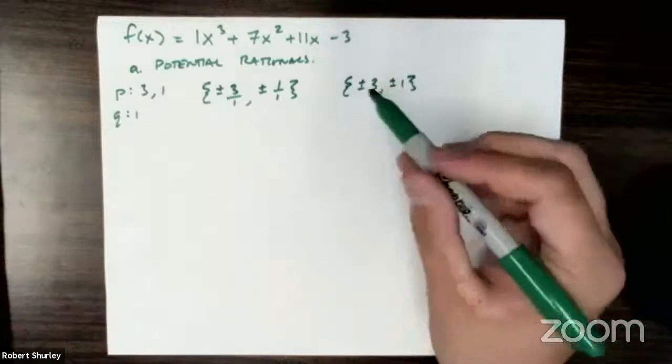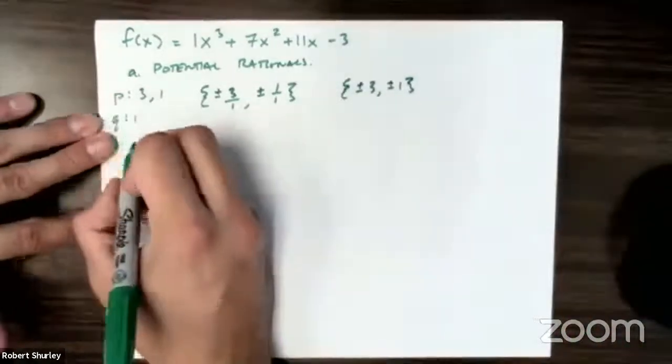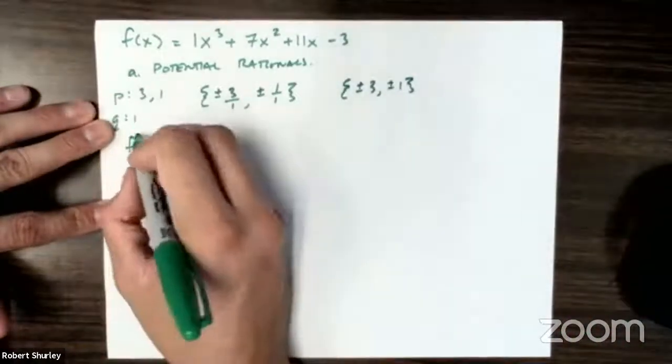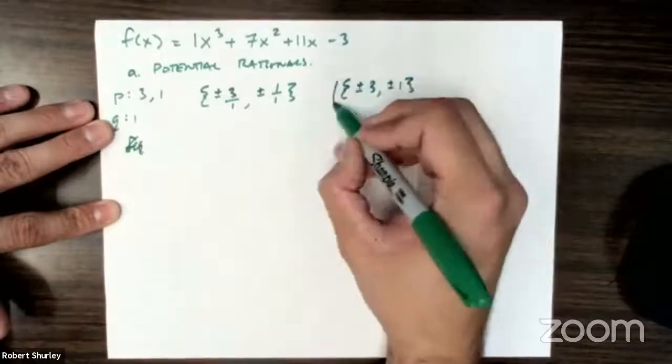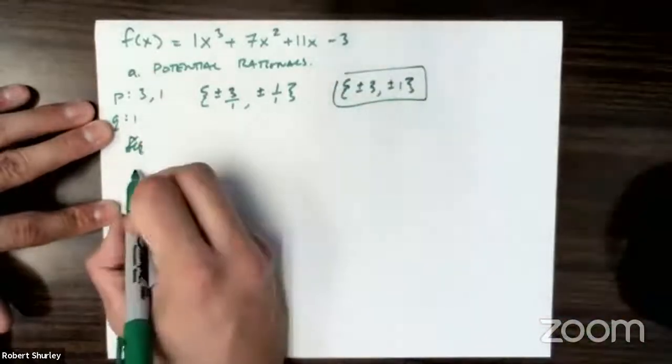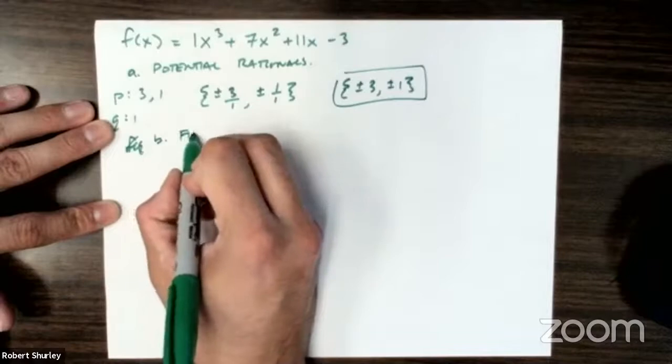This one will be a little easier to find. So let's see, we've got f of x. Actually, that's all the potential rationals. We're done there. So part B is going to say find all zeros.